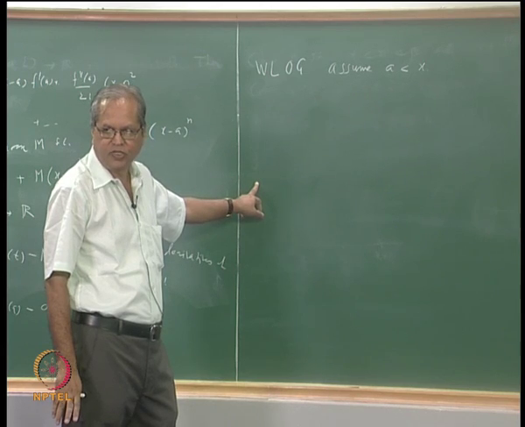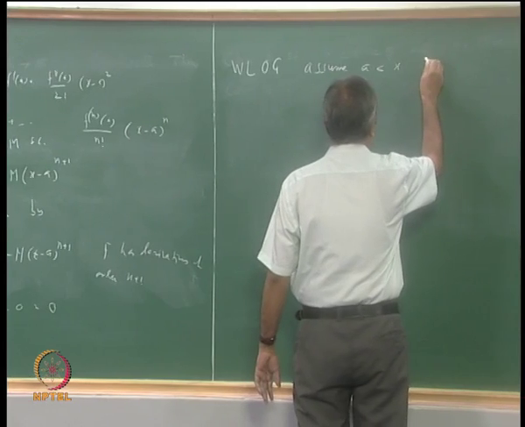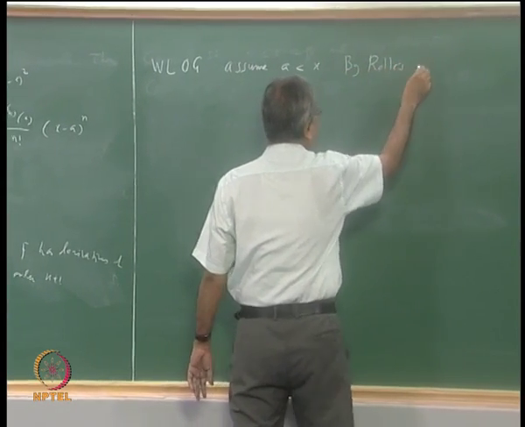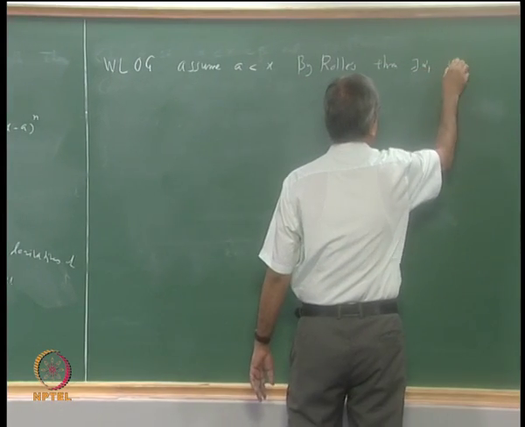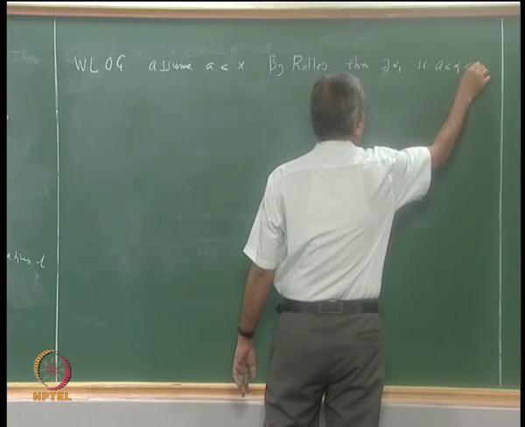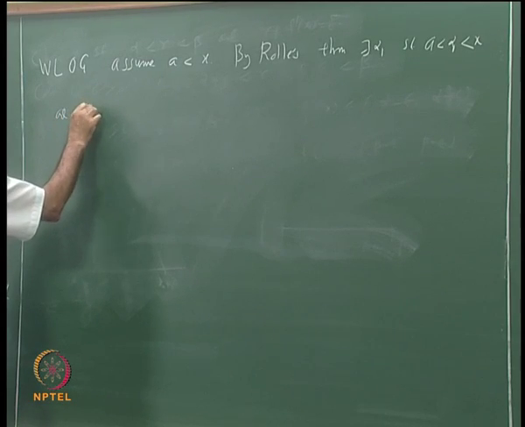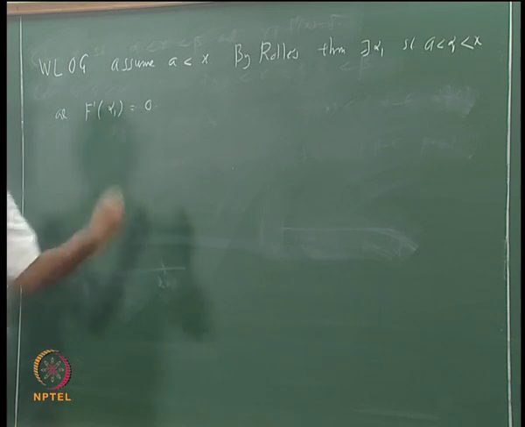So you can say that by Rolle's theorem there exists alpha 1 such that a less than alpha 1 less than x and big F prime at alpha 1 is equal to 0.